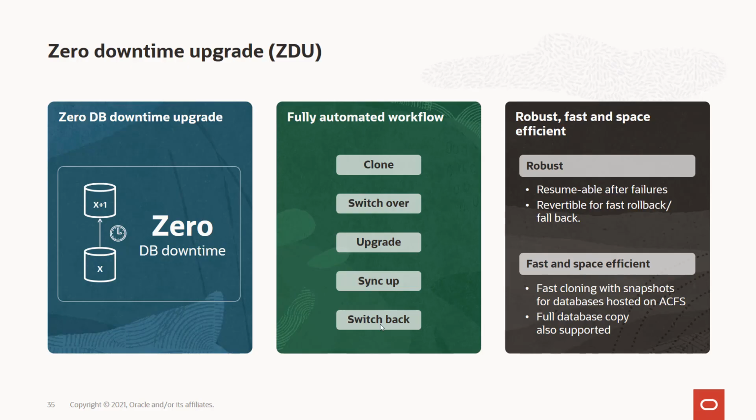It is space efficient if your database is on ACFS because it uses ACFS snapshots. But if your database is not on ACFS, which is very common, then you need to have twice the space of the database in order to have this full clone. And FPP uses only local clones, so we cannot use remote clones in order to achieve the zero downtime upgrade.